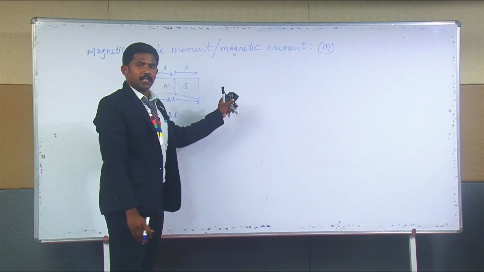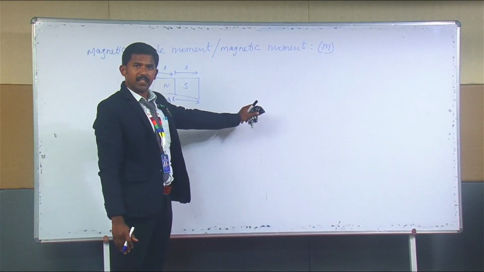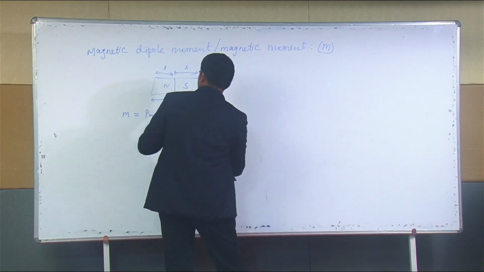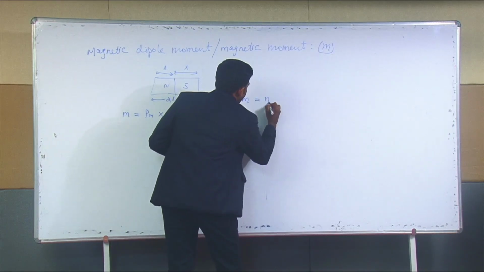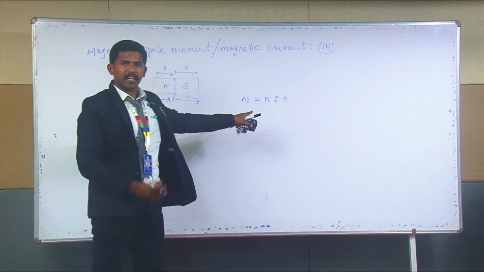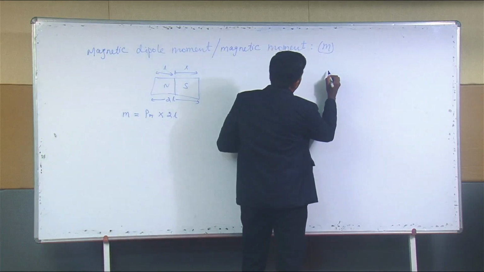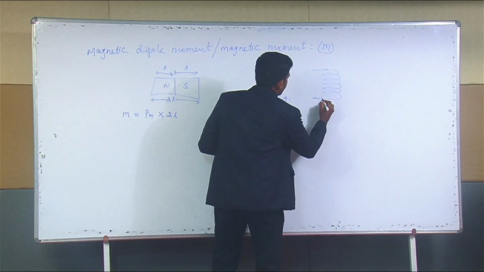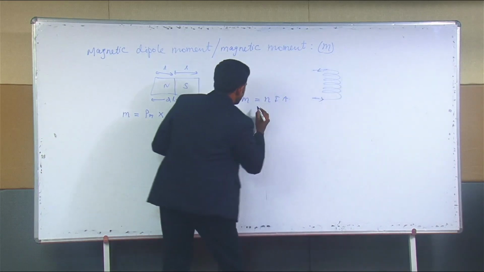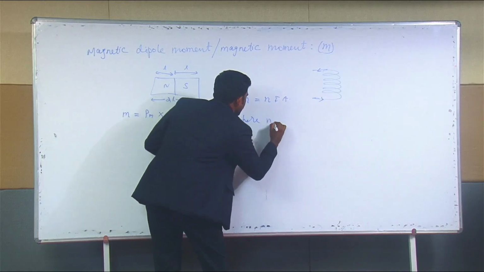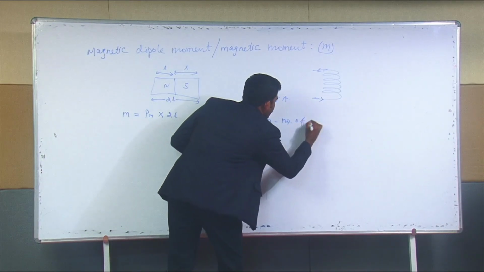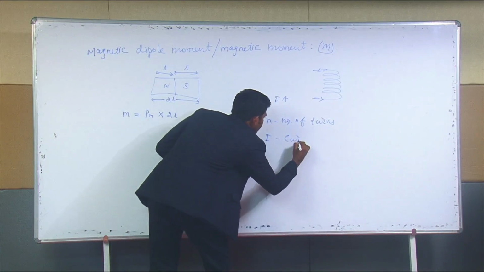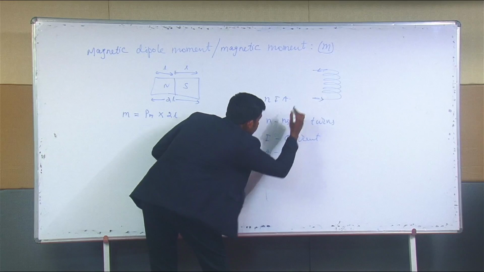So that is for a bar magnet, whereas in the case of an electromagnet, n is the number of turns, I is the current, and A is the area.